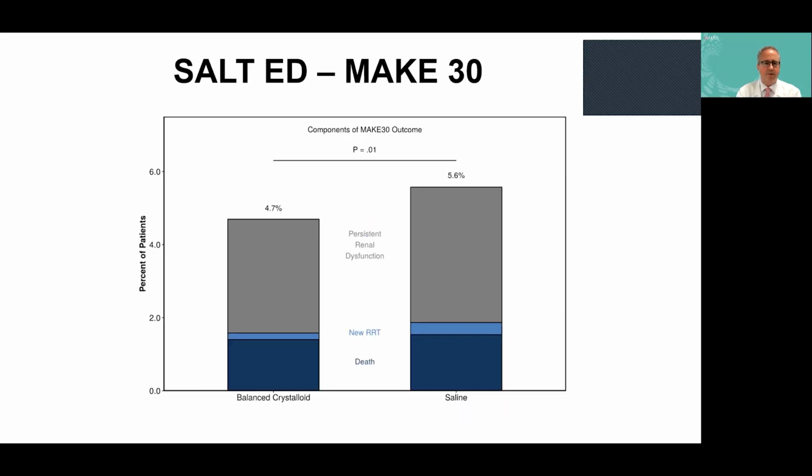That's important. In the SALT ED trial, which is the ER patients who did not make it into the ICU, the composite is also statistically significantly higher in patients treated with saline, but this time it's driven by persistent renal dysfunction. These patients are also less sick, and so the incidence of the overall composite MAKE30 is also lower.